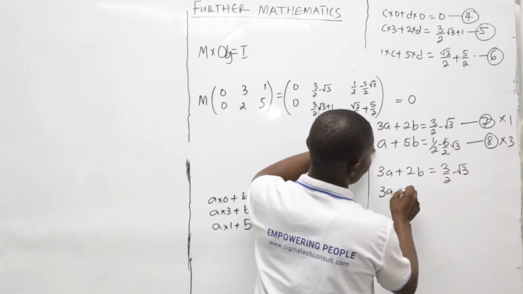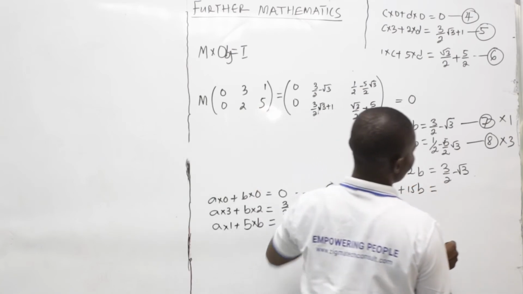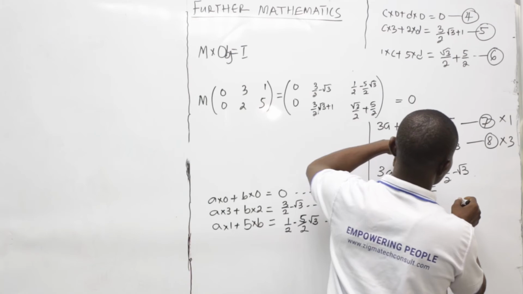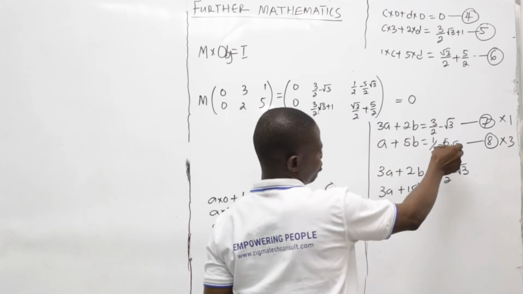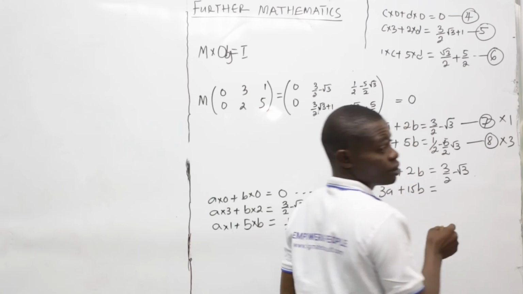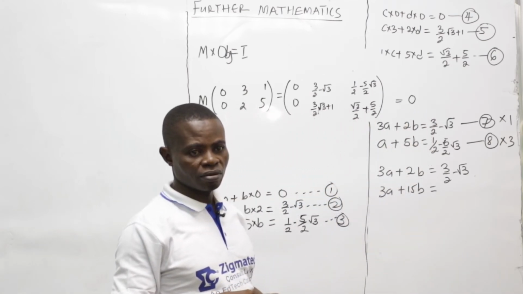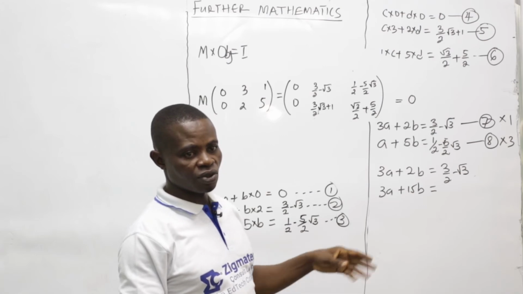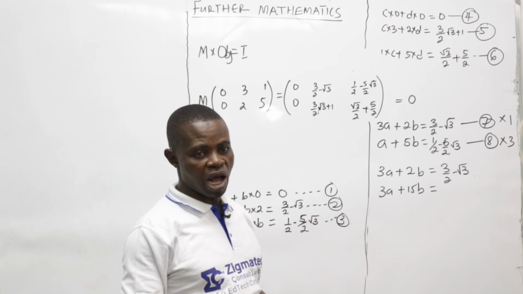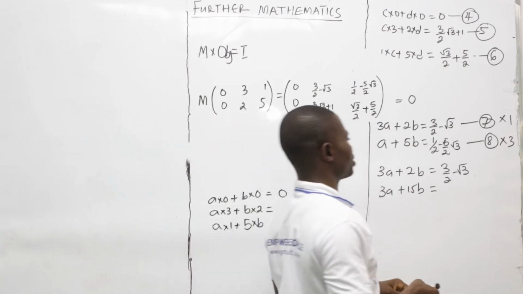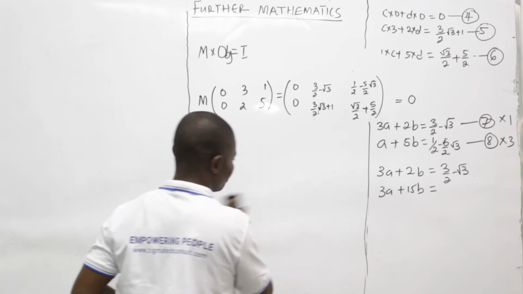Then 3A plus 15B equals 3 times the right side, which is 1 over 2 minus 5 root 3 over 2. Let's get the LCM.